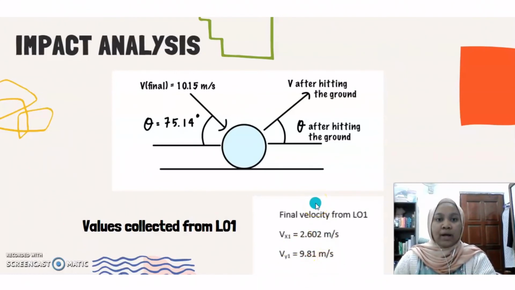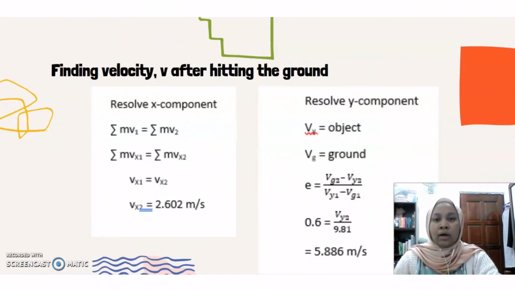We're going to find out the velocity and angle after this object hits the ground, in both x component and y component. We're going to look into the x component first.